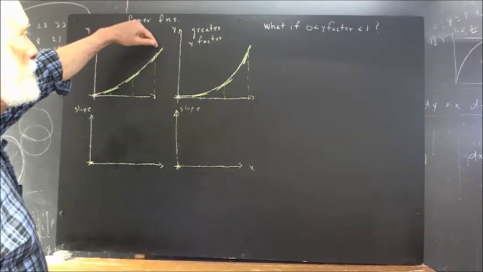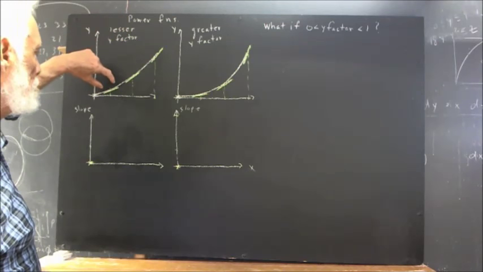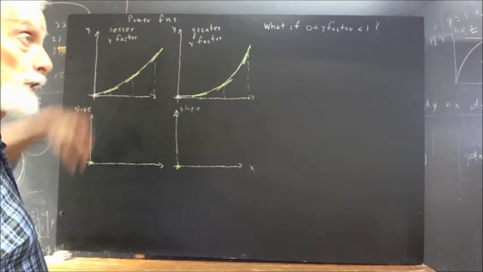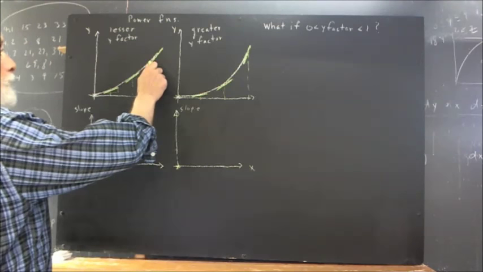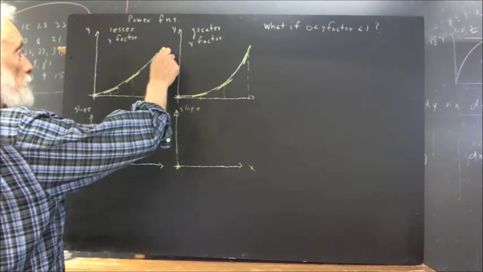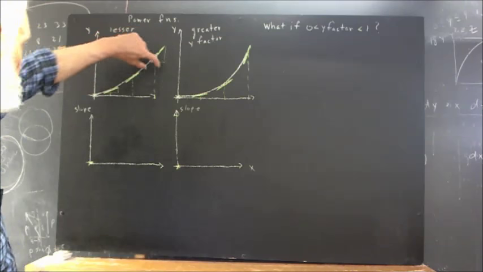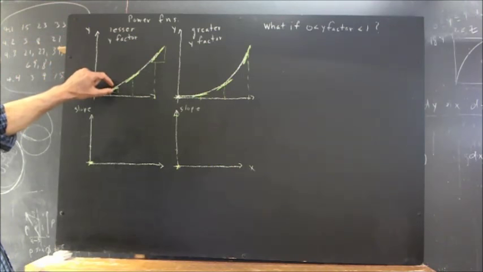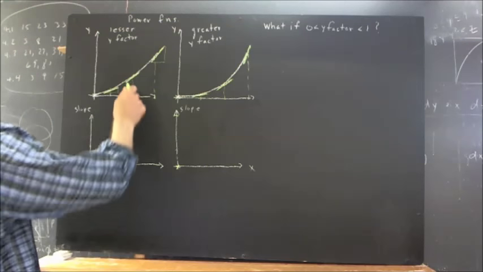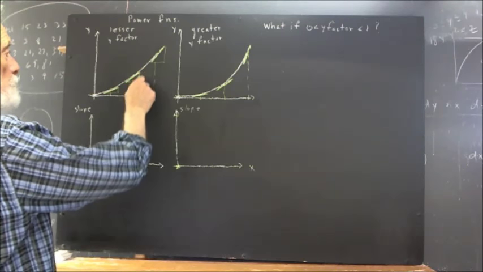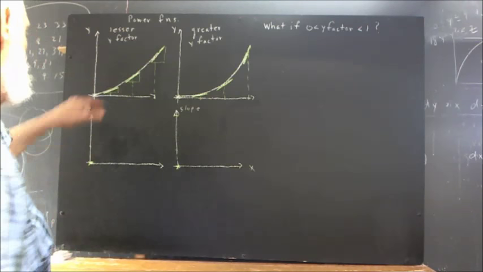How many times the slope of this tangent line is the slope of this tangent line? Well, we can easily make a comparison. Here's a triangle with the same run. The rise of this triangle with the same approximate run is probably 3 times the slope of this triangle, and the slope of this one is probably not quite 2 times the slope of this one.